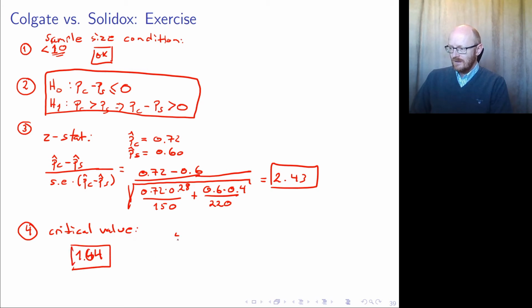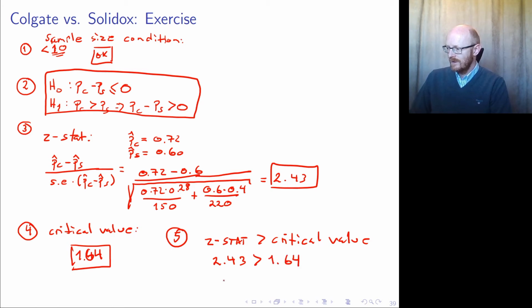Then you test: is the z-stat greater than the critical value? 2.43 is greater than 1.64, so we reject H0.